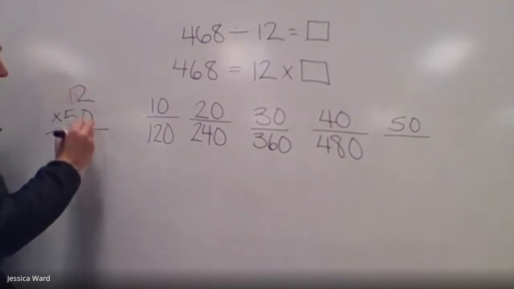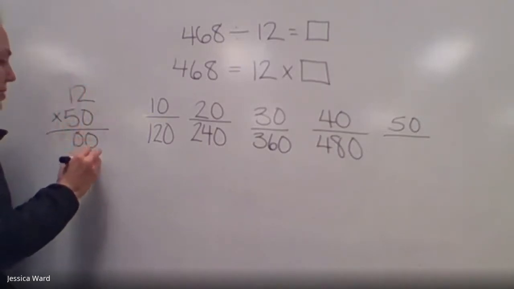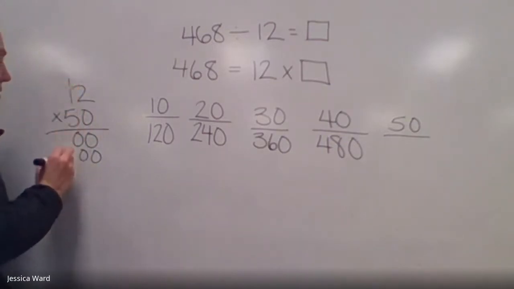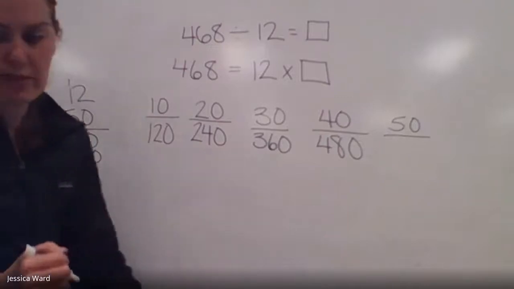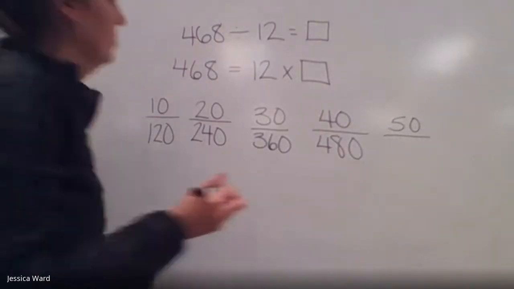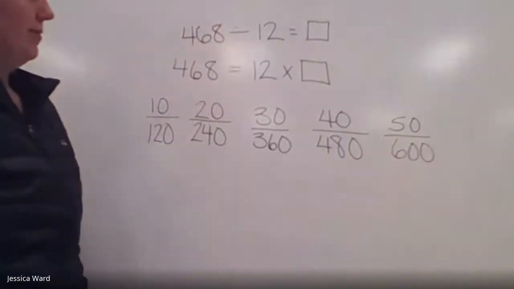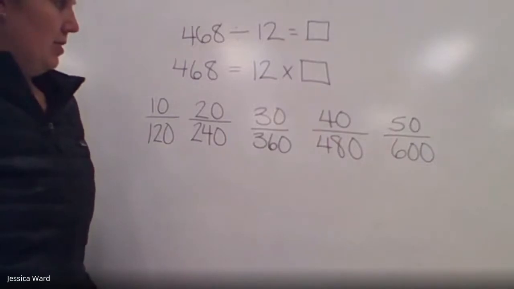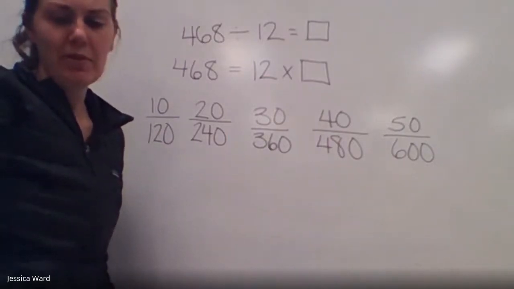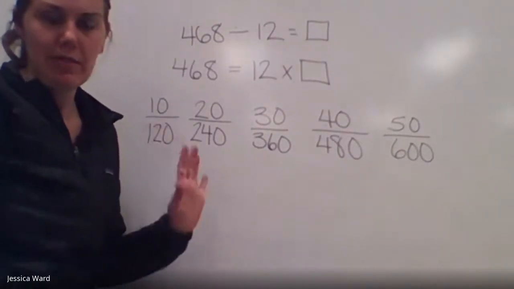So we have 2 times 0, 0. 5 times 2 is 10. 600. The book is wrong. We should have 600 for our packages of 50. So I'm feeling a little nervous about that because the book is telling me something else and I have to go by what the book says, but my common sense says that I'm right on that.